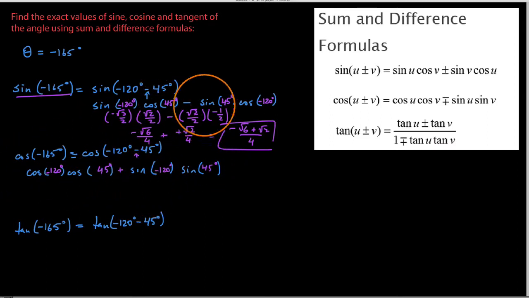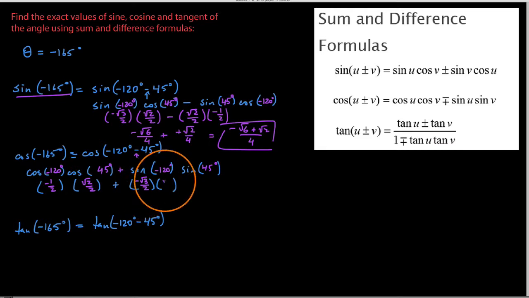These are values that we already found up top here, so this is not something we have to do a lot of digging for. We say this times this plus this times this, where the cosine of negative 120 up here was negative a half. Cosine of 45 is root 2 over 2. Sine of negative 120, we found to be negative root 3 over 2, and then this would be root 2 over 2.